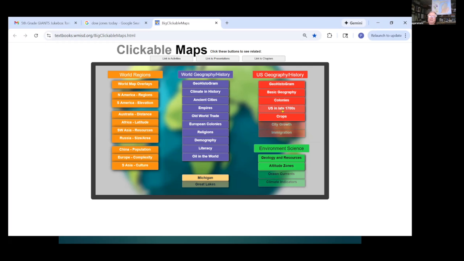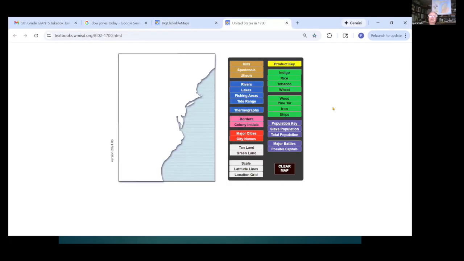It's got the U.S. in the late 1700s, and then a modern where do we grow crops. The U.S. in the late 1700s is basically the clickable map, the handout map that we've used as the base for the colonies game and for about four of the activities that I showed you.